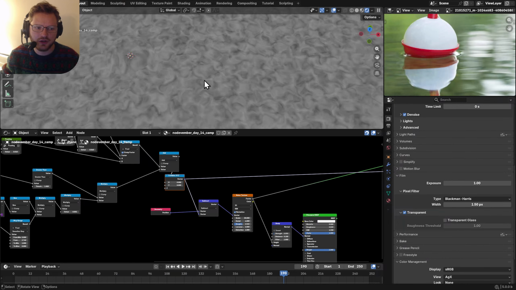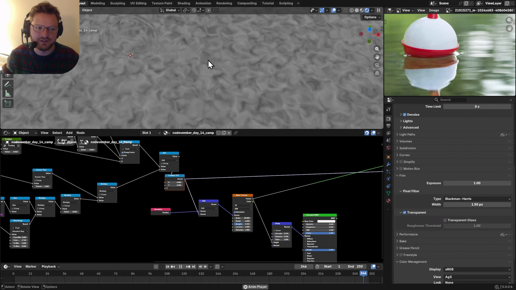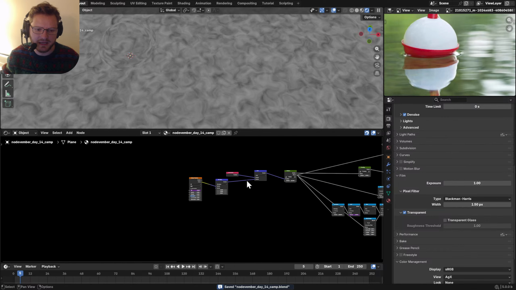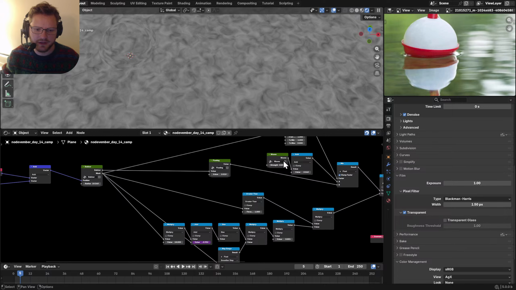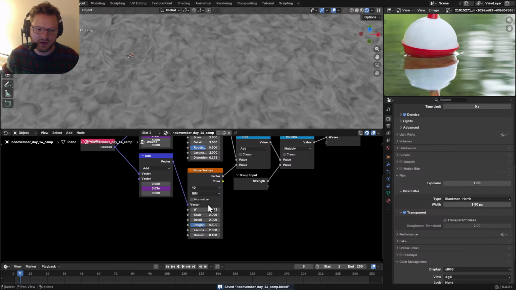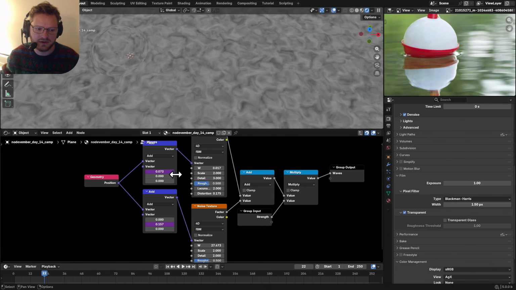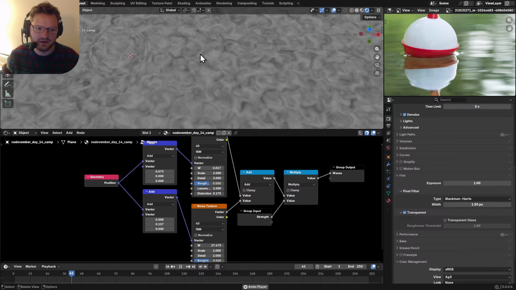I wonder, you know what? I wonder if the issue is that we have a bit of W happening. That would be my guess. So for example, if I go into the waves and just temporarily, I'm going to delete these drivers. So got rid of that driver, that driver, that driver.